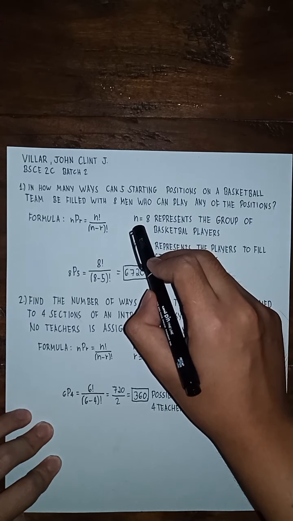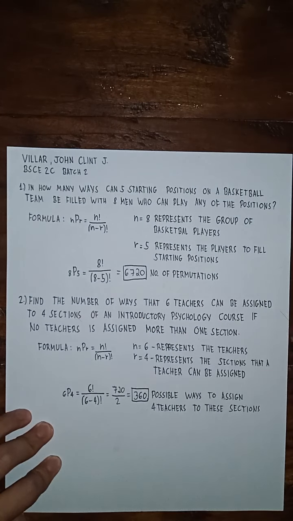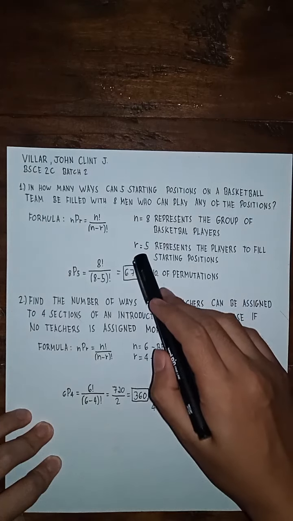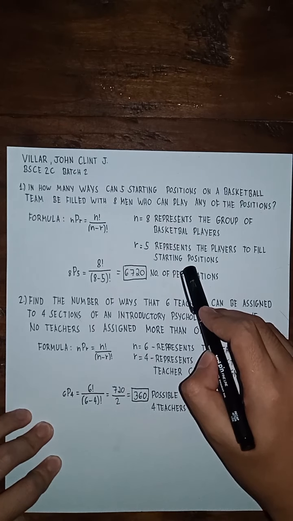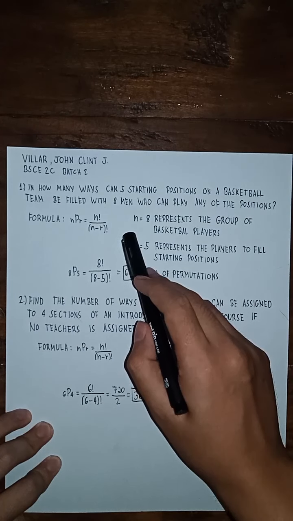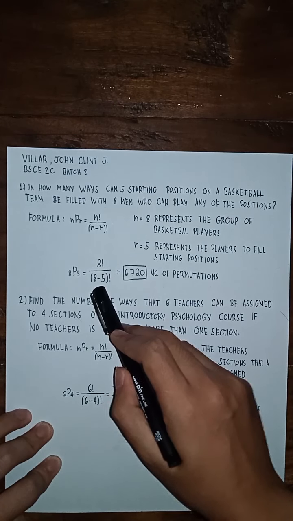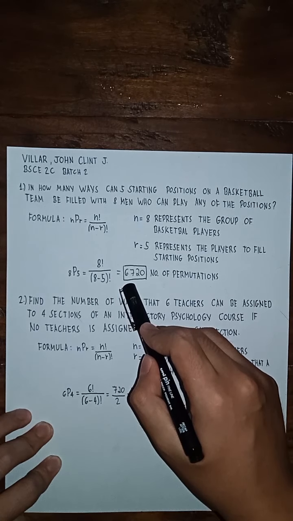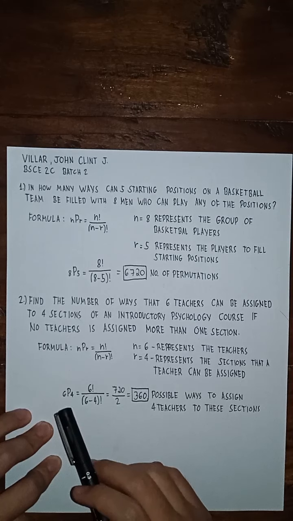So, ang n natin is 8 that represents the group of basketball players, and r is equal to 5 that represents the players to fill the starting positions. So, let's just substitute the n and r. So, kapag in-enter natin to sa calculator is meron tayong 6,720 ways or permutations.